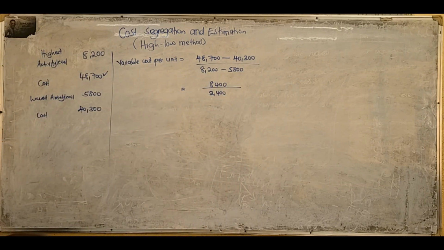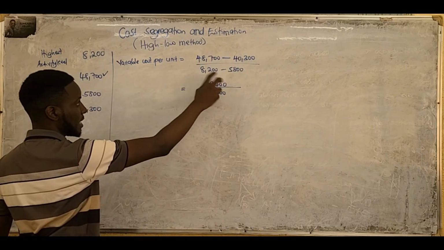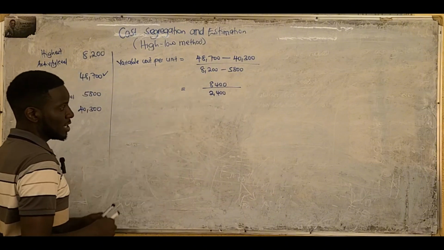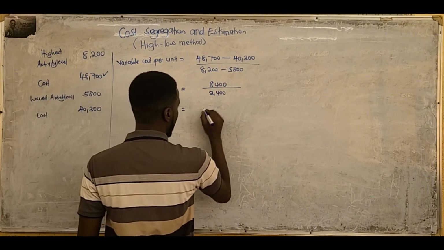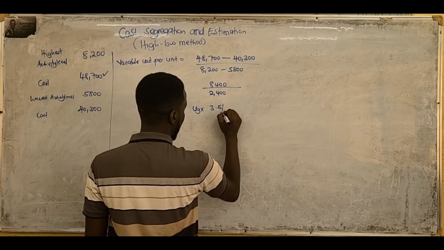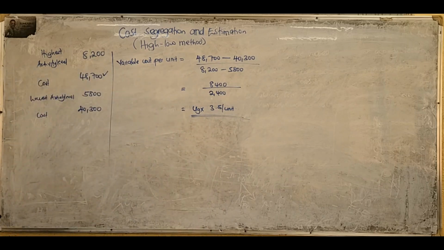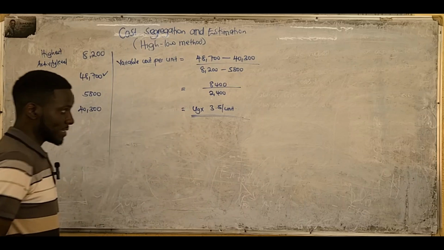So when you divide this by this, after subtracting, we have got another total figure, which will be Ugandan shillings 3.5 per unit. So that's what we have. Now this is our variable cost per unit.